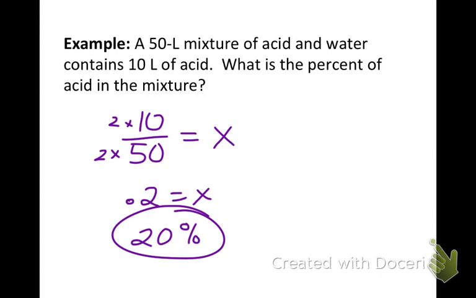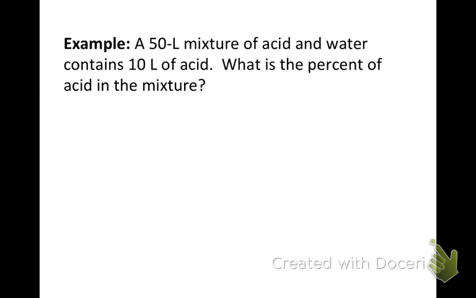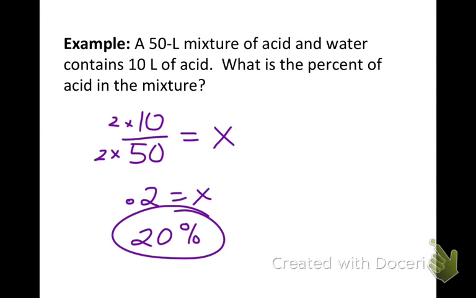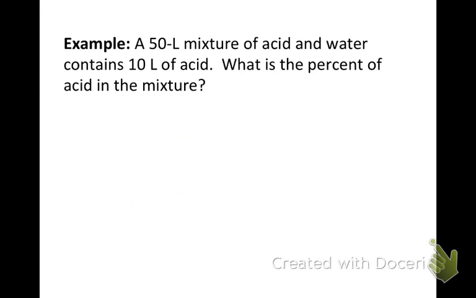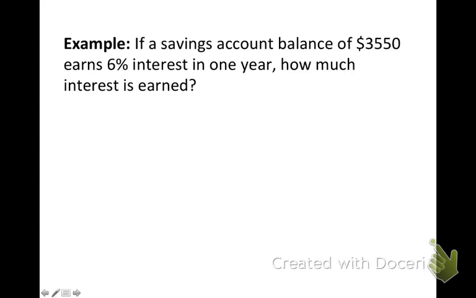All right, so let's get away from our acid mixture and get to some money and percents. Sometimes your bank accounts have all sorts of interest rates. So here we have a savings account.